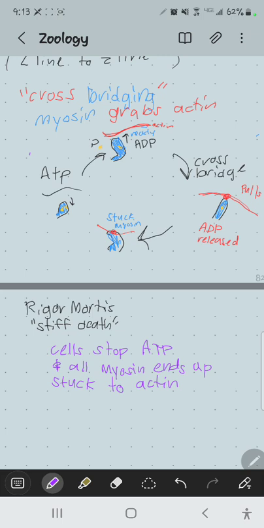Okay, one more thing. What we haven't talked about is what triggers muscle contraction. So far, this is all automatic. When the myosin head reaches over and grabs onto the actin filament, it just keeps doing this crawling thing. And what stops the process is the sarcomere shortens.